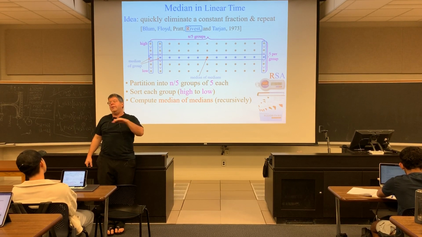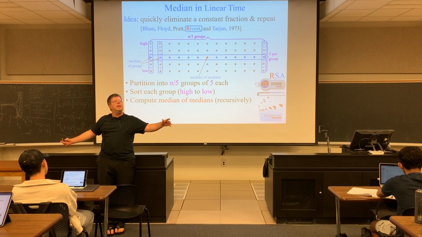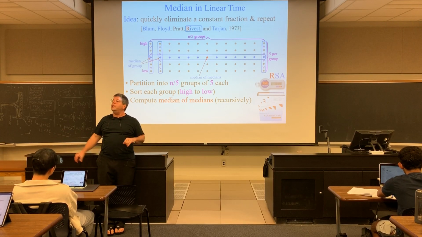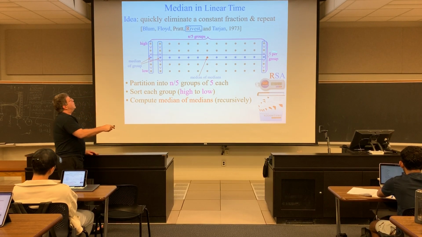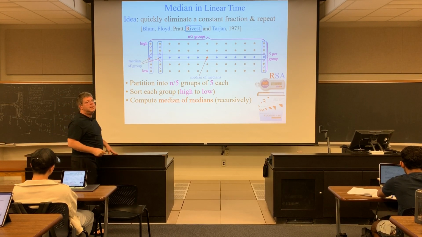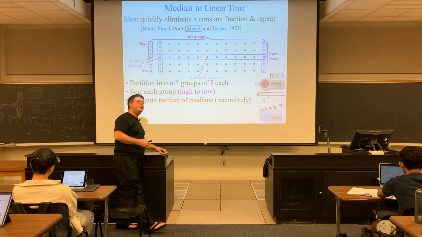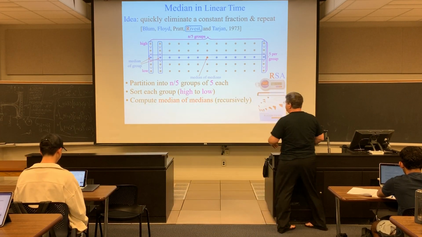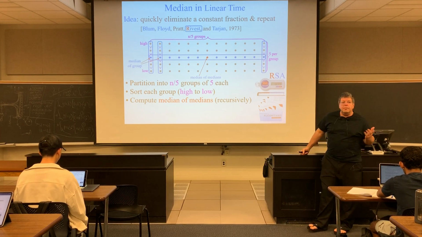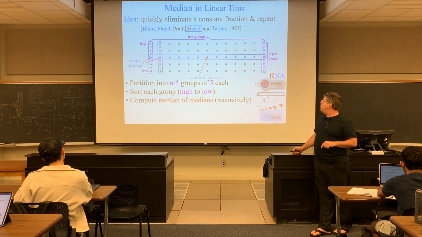There's n over 5 in each row, and there's 5 rows, so n over 5 times 5 is n, so it's n total, and each row contains n over 5, and each column contains just 5. So we recurse on all of these medians of each group together, and find the median of all of those. You'll see in a minute why we're doing that.